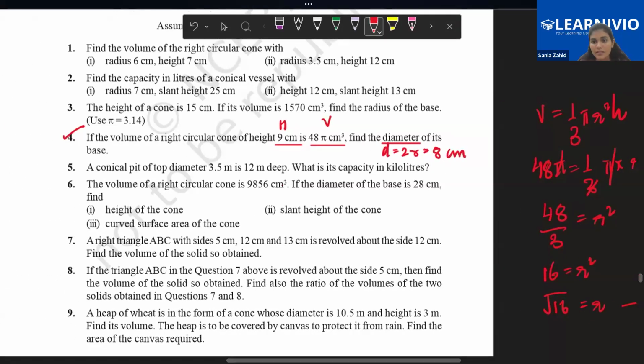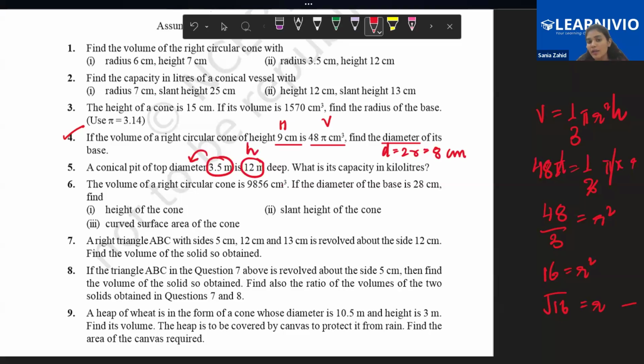Yes, ma'am. Vidal, Hafsa, tell me, children. Yes, ma'am. Now the question says a conical pit of top diameter 3.5 meter is 12 meter deep. What is its capacity in kiloliters? So children, 3.5 meter is the diameter and 12 meter deep.